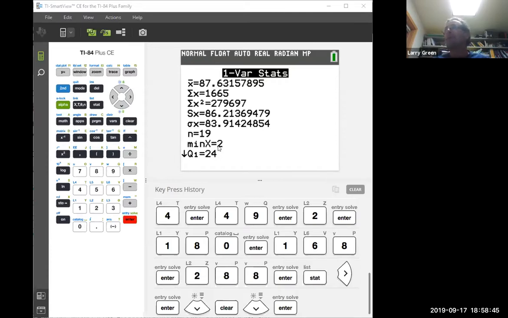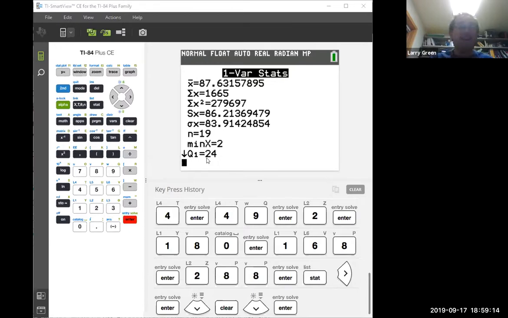Okay. Now comes Q1. Q1 is really important. Q1 is called the first quartile. And what that basically means, especially for a large data set, is that 25% of the answers were at 24 or less. We'll get to the highest, I promise, but we have to scroll a little bit.